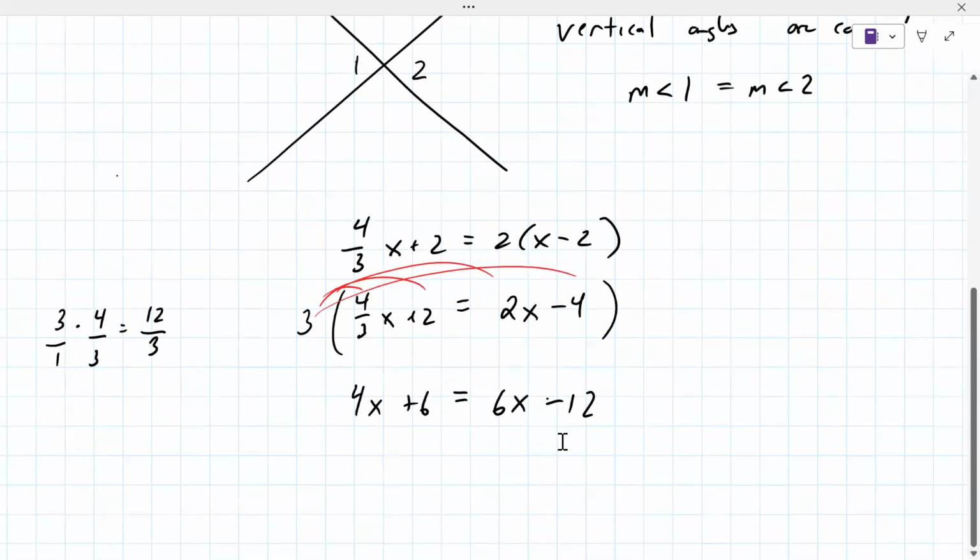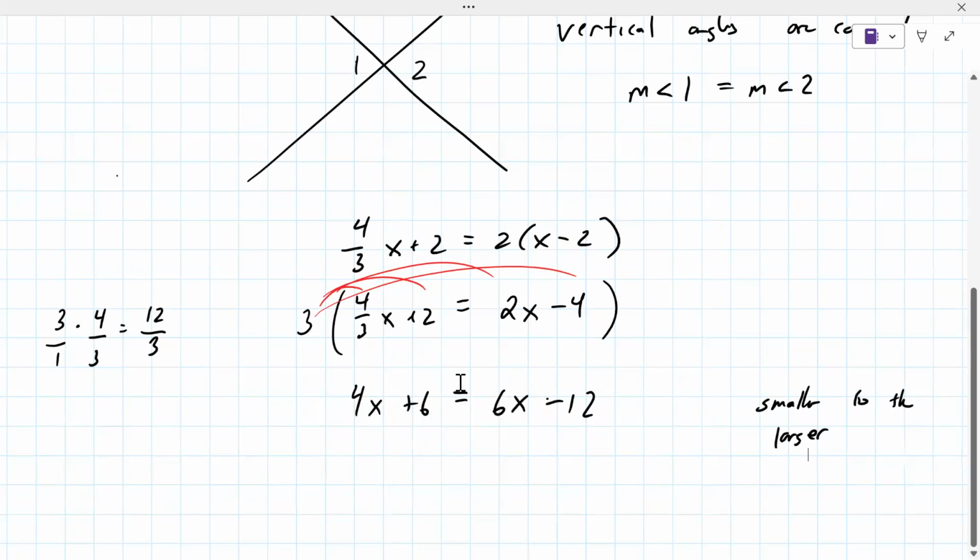All right, now this is a multi-step equation. You want to move the variable. You typically move the smaller to the larger, but you can actually solve this any way you want. I'm suggesting moving the 4x to the right as a first step, but that's up to you.